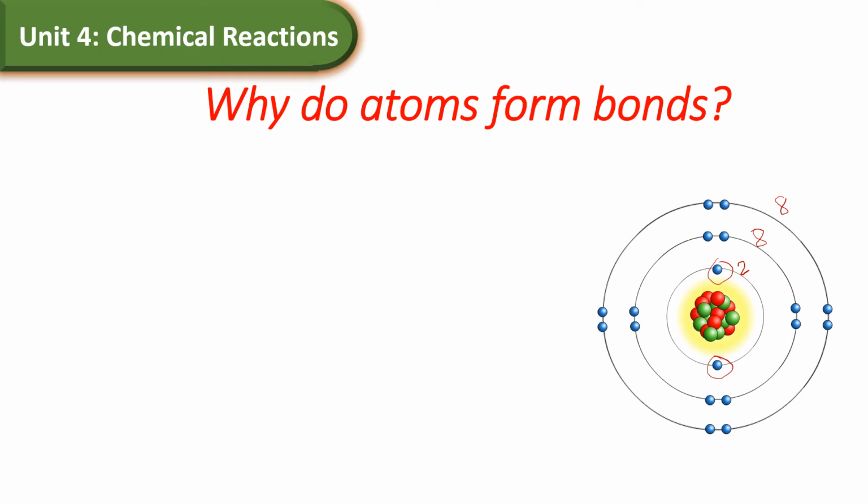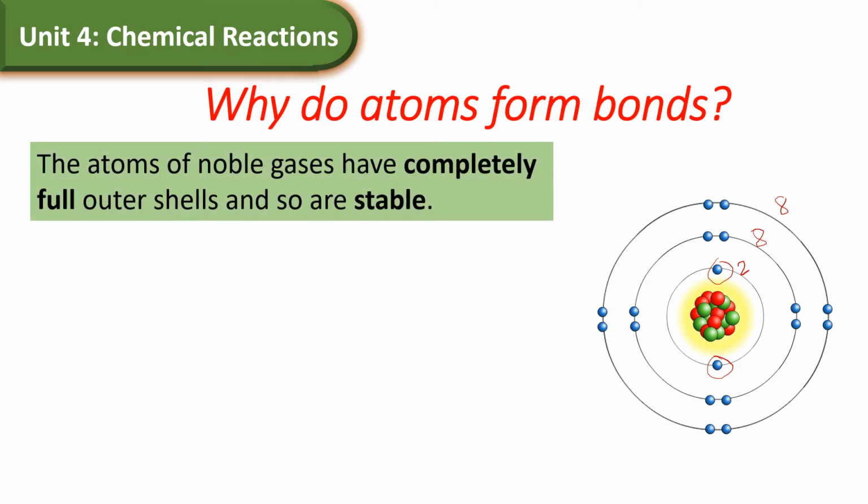So going back to our question, why do atoms form bonds? Because of the atoms of the noble gases. What are these noble gases? These are your group 8 gases, like your helium, your radon, your xenon.